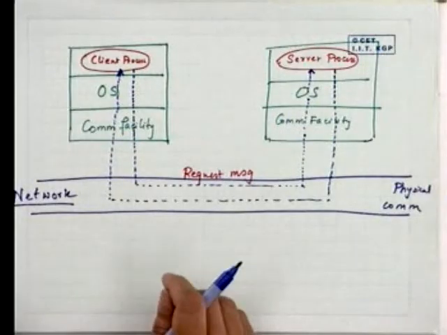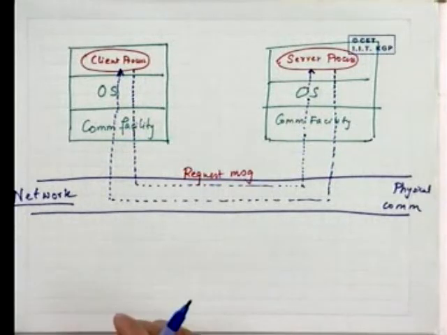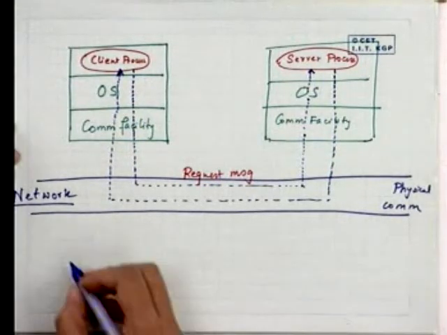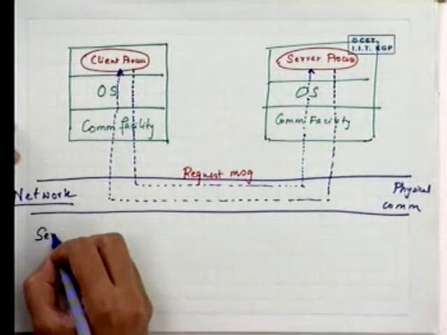So before we proceed further, let us give certain definitions about what is a service, what is a client, and what is a server. Before we come to the client-server definition, let us understand the meaning of service.